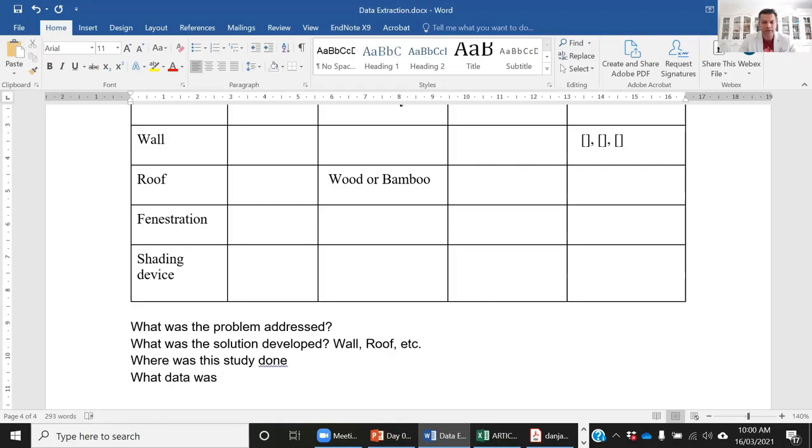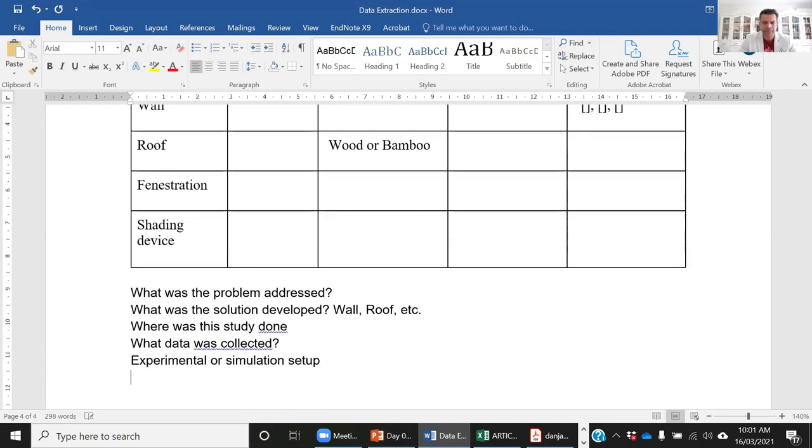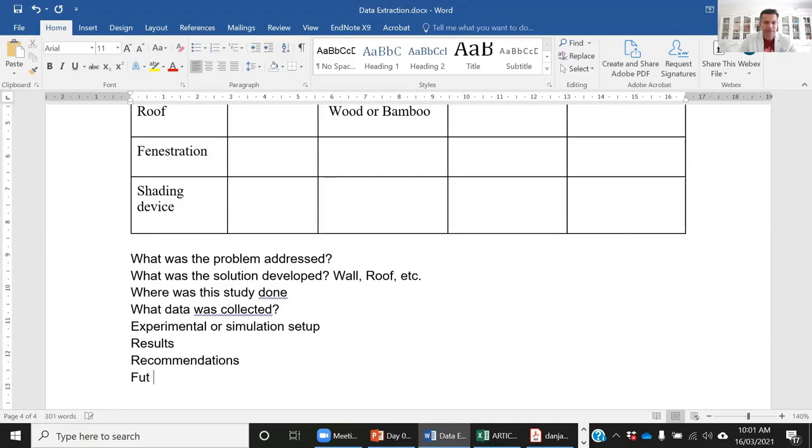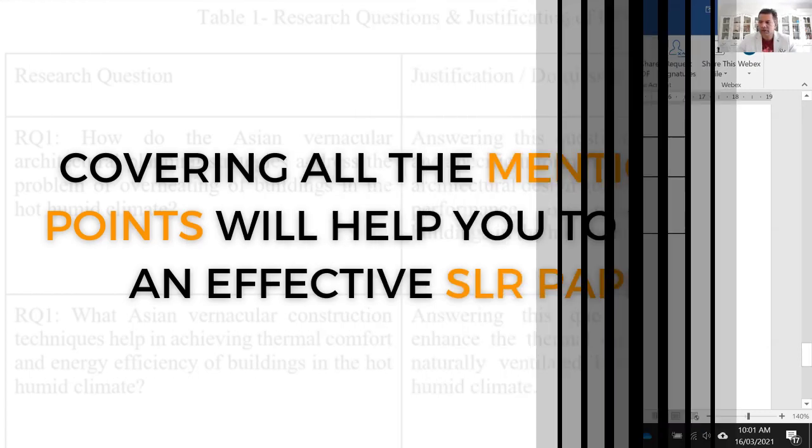What data was collected? Experimental or simulation setup. Results. Recommendations. Future directions.